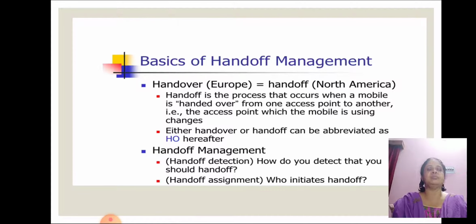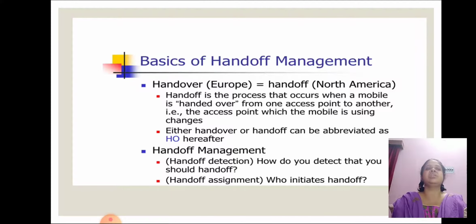Now, there are some situations for triggering handoff. If a subscriber who is in a call or data session moves out of coverage of one cell and enters the coverage area of another cell, a handoff is triggered.